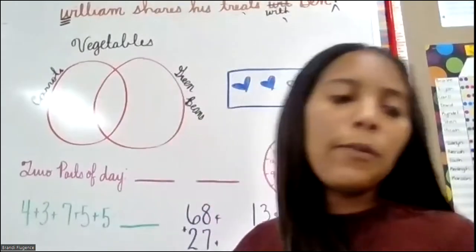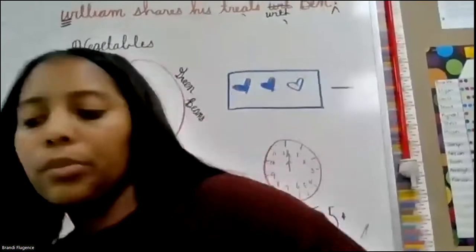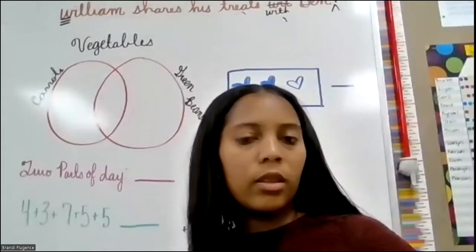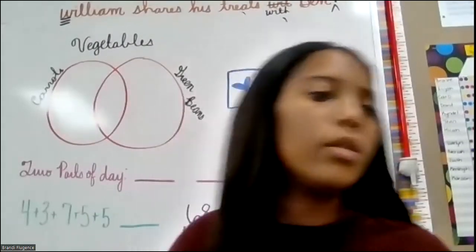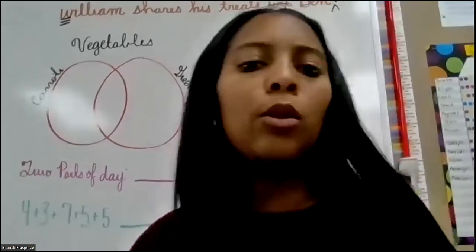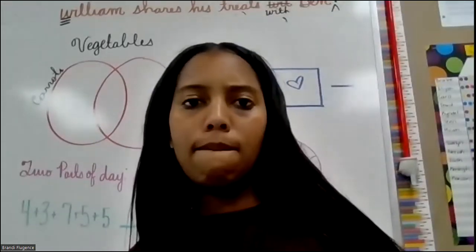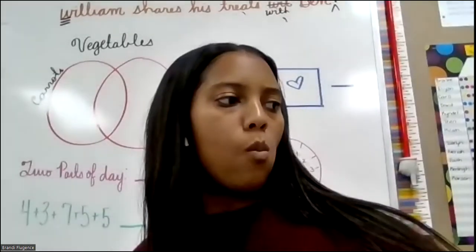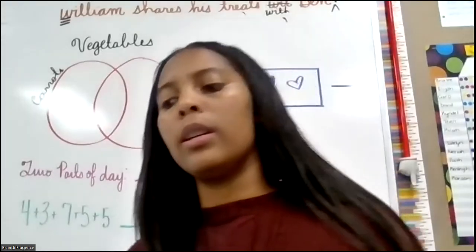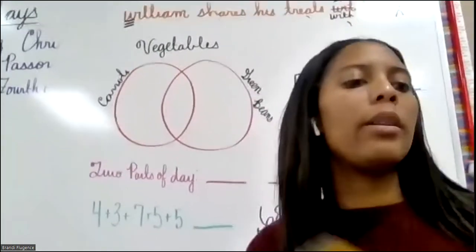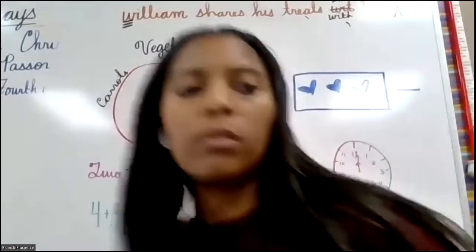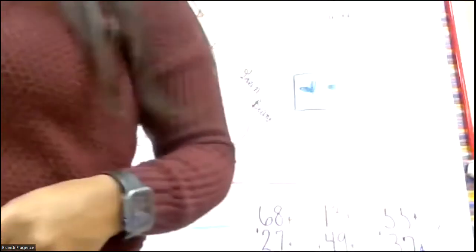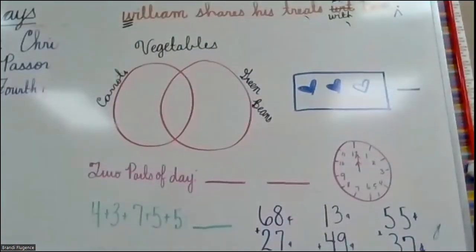All right. So Joshua, first fact. 2 minus 1 equals 1. Next one, Dennis. 7 minus 1.